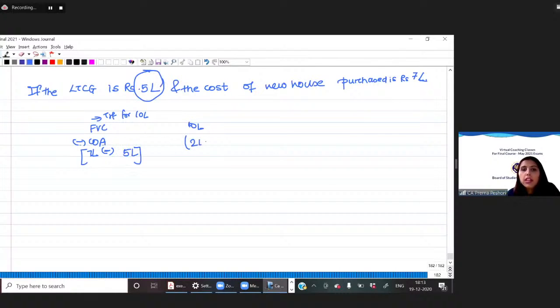So you will only allow 2 lakh to be reduced. So 8 lakh will be your capital gain. Is it clear? This is how you charge to tax the exemption that has been revoked. Clear? Any doubts with respect to this?